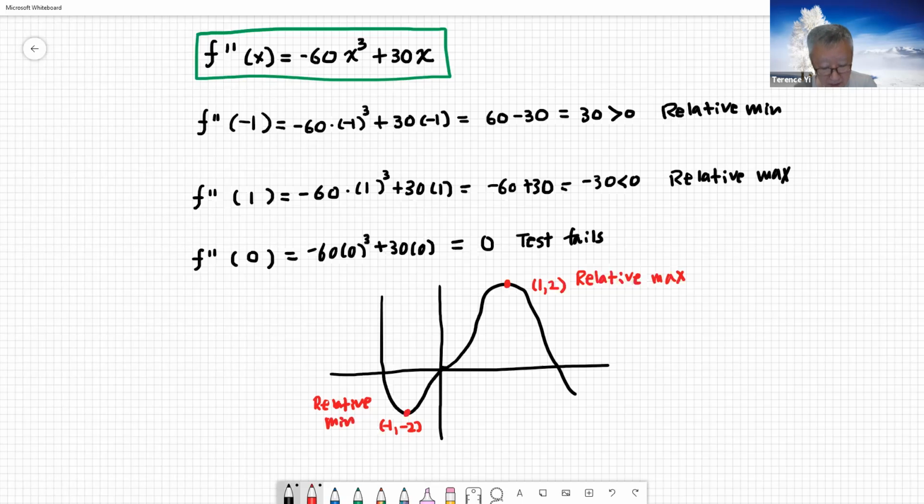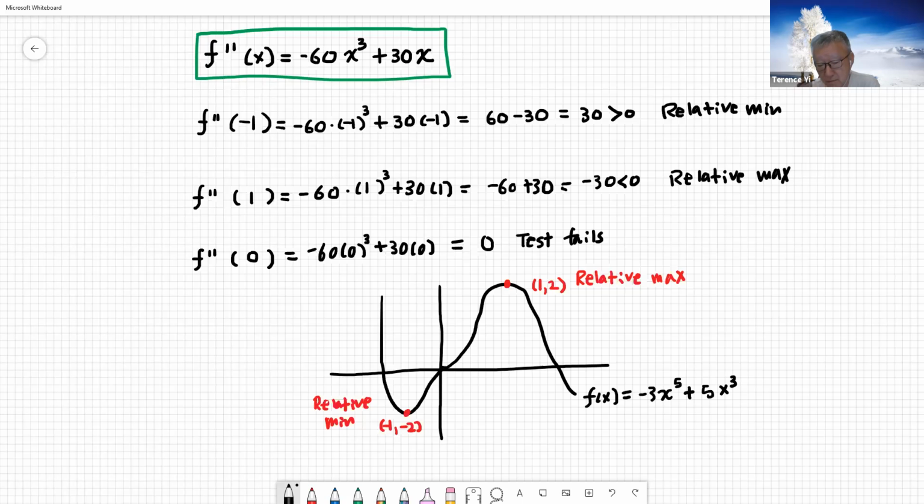And this function that I just drew is the original function, f of x equals minus 3x to the fifth plus 5x cubed. Now, it is not unusual that students get confused among these different graphs.